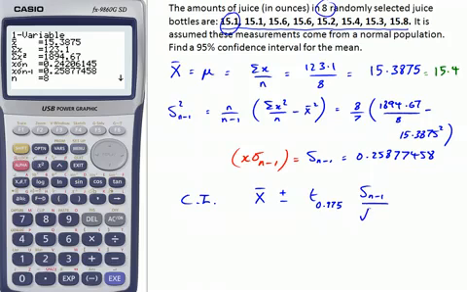We divide that by the square root of our sample size. So here we're going to have 15.3875 plus or minus the t-value, which we do not need to state there, but we do have the other values, 0.2587748 all over the square root of 8.